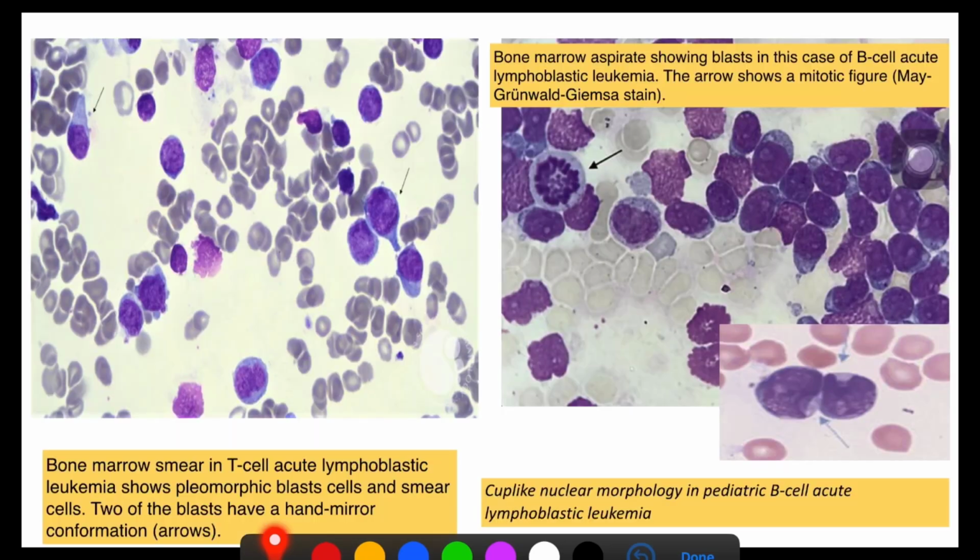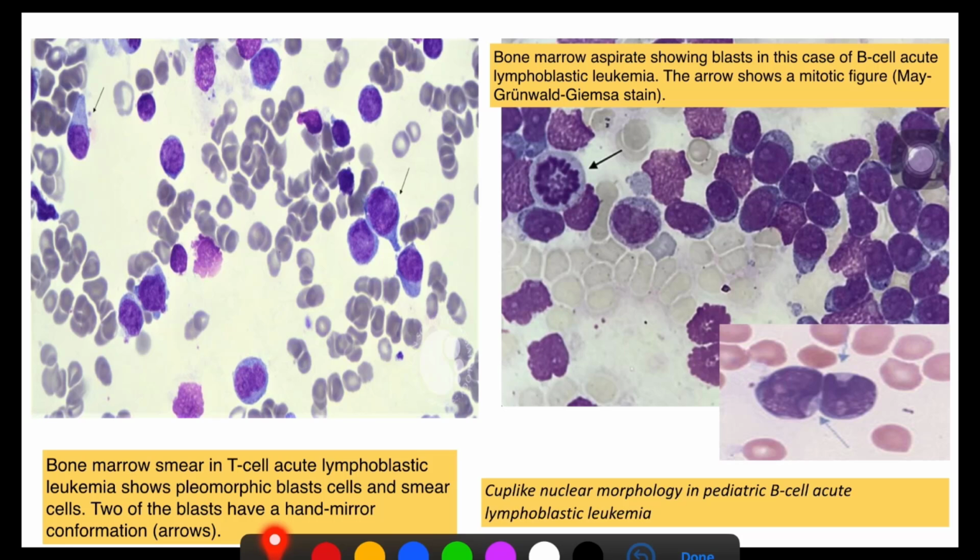This is a bone marrow smear where T-cell lymphoblastic leukemia shows pleomorphic blast cells, and here you can see elongated cytoplasmic processes. This is called hand mirror conformation. So this is seen in T-cell acute lymphoblastic leukemia, whereas in B-cell acute lymphoblastic leukemia you will find this type of blastic proliferation, and here you can identify a mitotic figure.